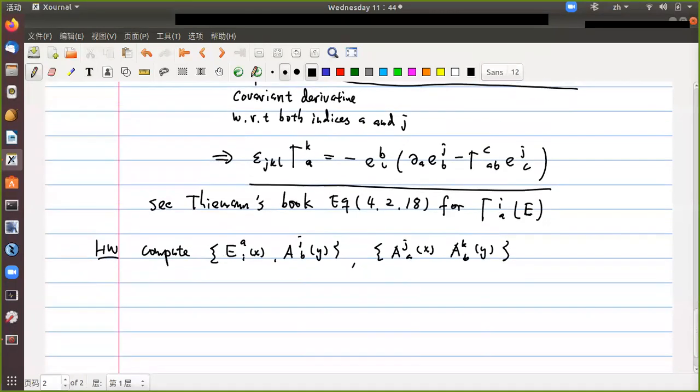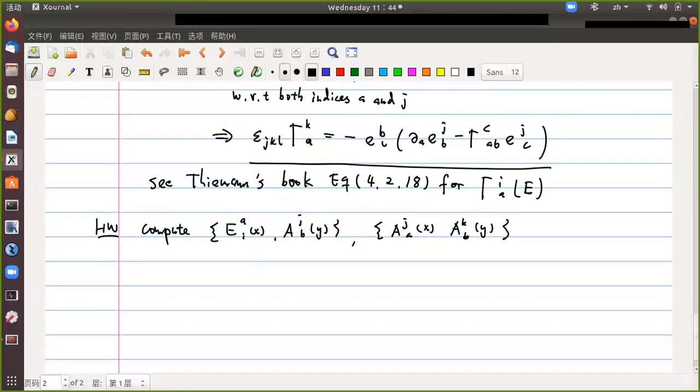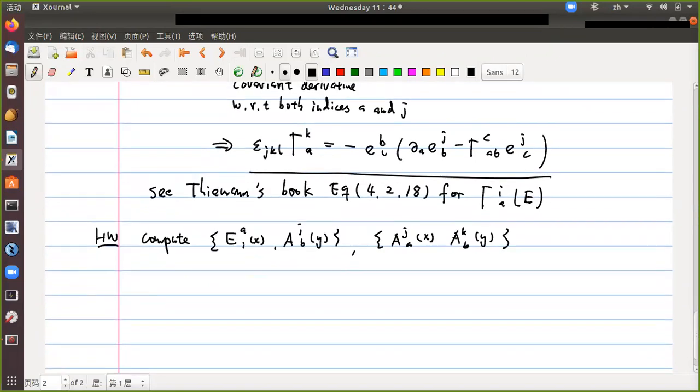It's the same as the previous one in the EK phase space, in the EK Poisson bracket. Okay, compute using the Poisson bracket in terms of E AI and K JB.